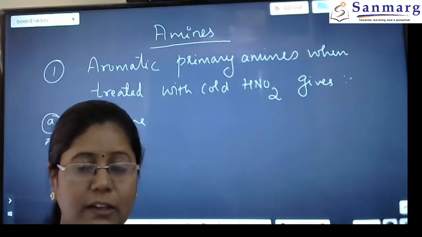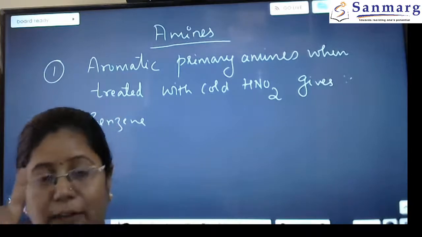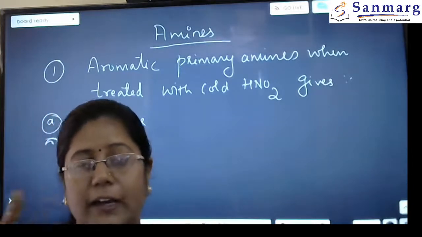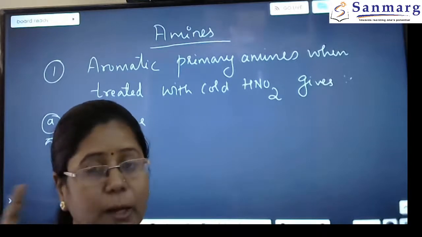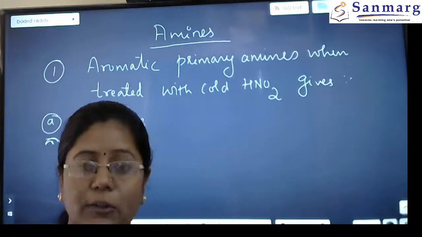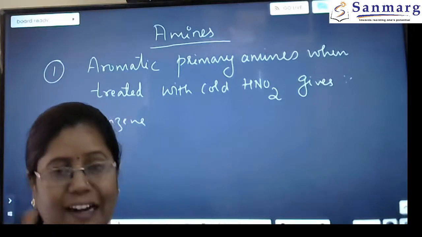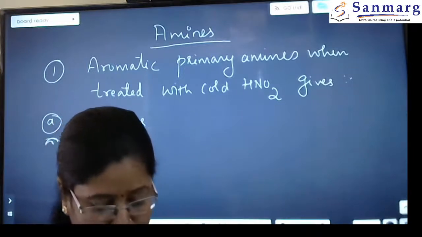Diazonium chloride means a benzene ring attached to N double bond N, chloride. Such salts are called diazonium chloride. So here the right answer is option 2, that is diazonium salt.